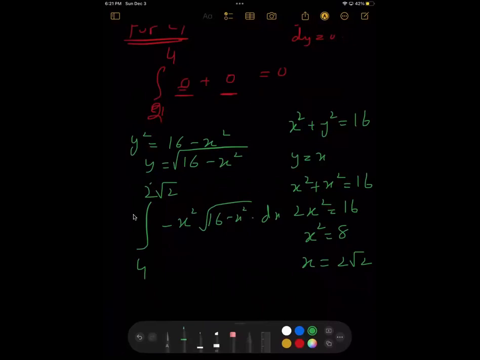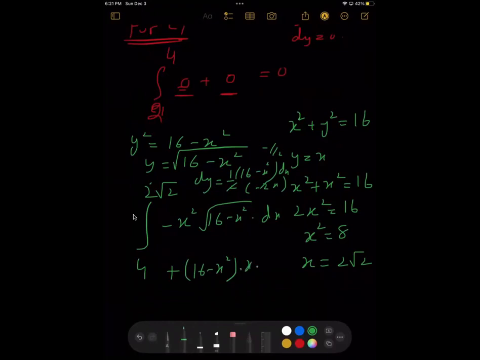And in the second part, we have dy. So dy will be equal to 1 over 2, 16 minus x square to the power minus 1 over 2, multiplied by minus 2x, dx. You can solve that by yourself, it's not a big deal. Plus y square is 16 minus x square multiplied by x multiplied by dy.